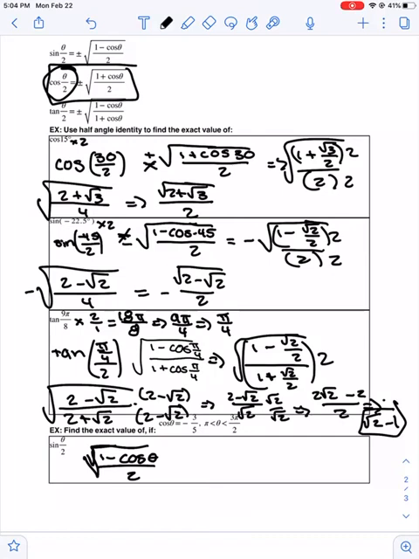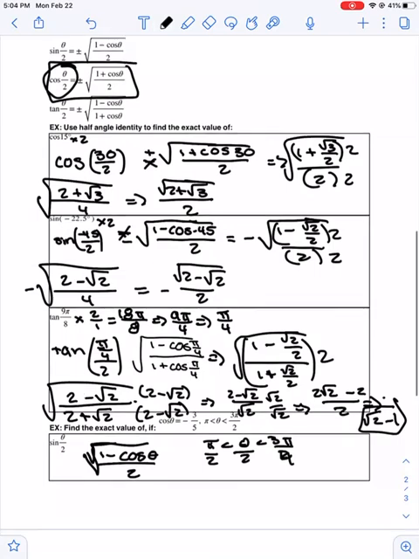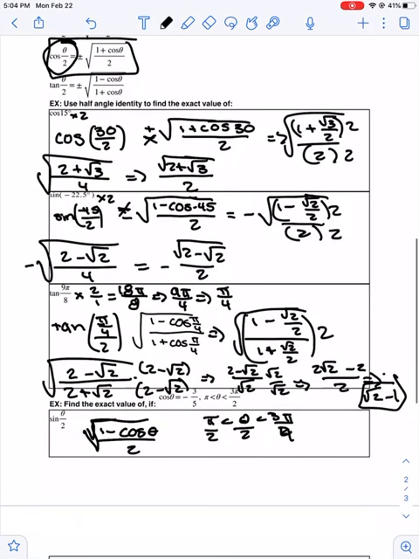Our answer is going to be positive because we have theta between pi and 3 pi over 2, but we're dividing by 2, so we're going to divide everything by 2. So we would end up with between pi over 2 and 3 pi over 4, that's in quadrant 2, which sine is positive.